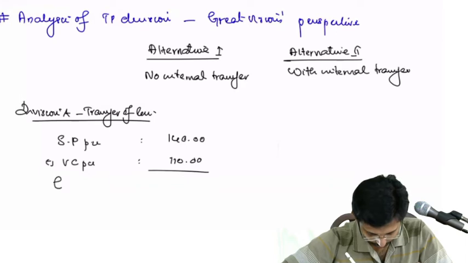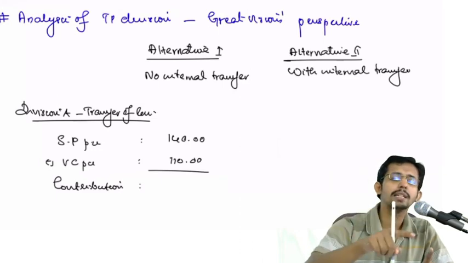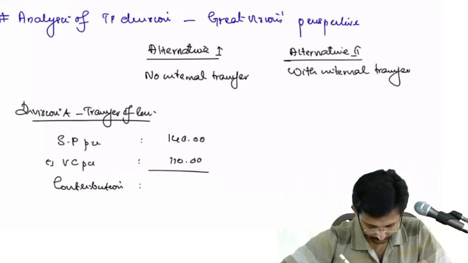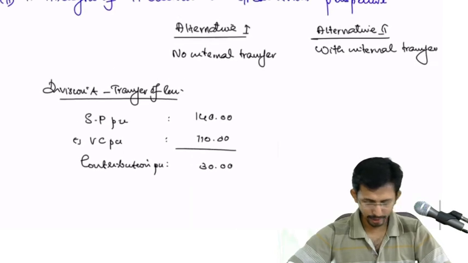So the contribution earned by division A is as good as the contribution to the company. Contribution per unit will be 30 per unit. Okay, so that is for division A.